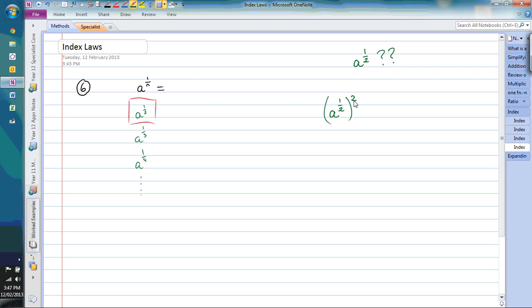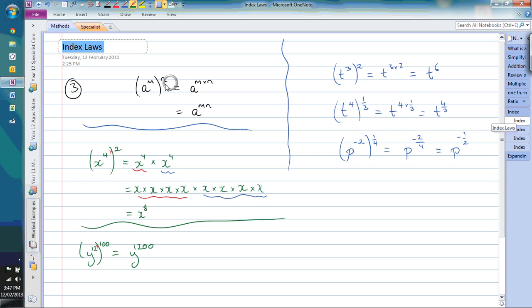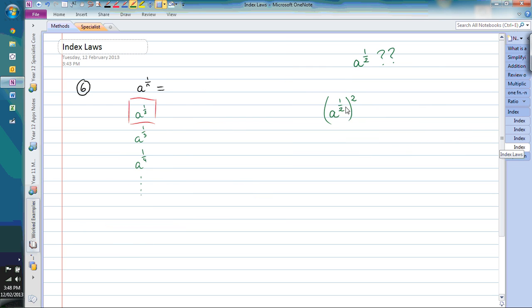Now, if we think back to our index laws, index law number 3 told us that if we've got something raised to a power, and all of that is raised to another power, we can multiply the numbers together. So looking here, I've got a to the power of a half raised to the power of 2. We can simplify that by making this a to the power of 1/2 times 2.